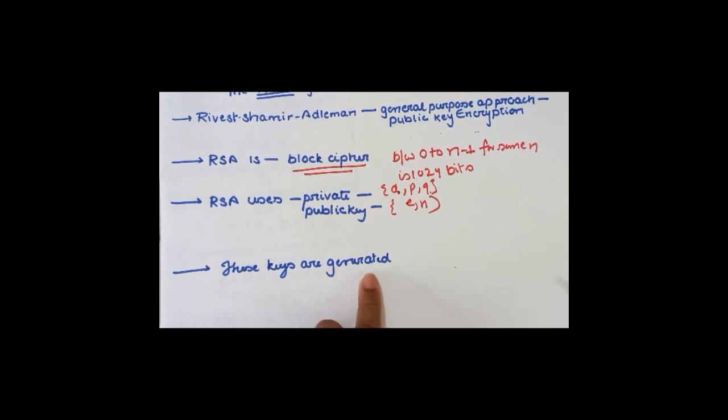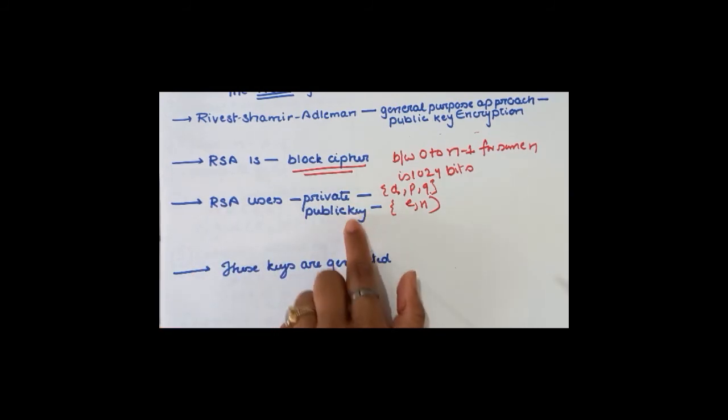All of us know that the generation is the responsibility of the one that is going to communicate. So one can use the RSA technique for generating private and public key.